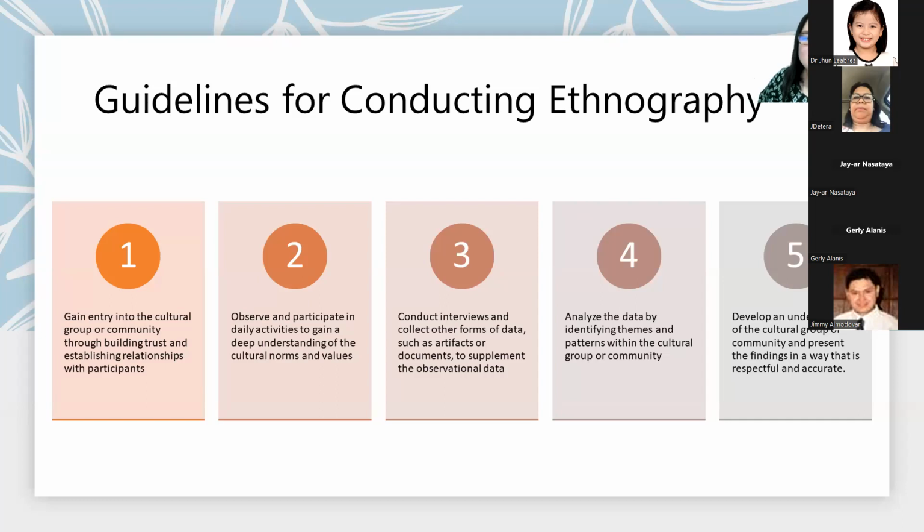And then you analyze the data by, again, creating themes and patterns. So you would see that they have a regular dance before eating, for example, breaking of the bread, joining of the community of celebration, the marriage, etc.